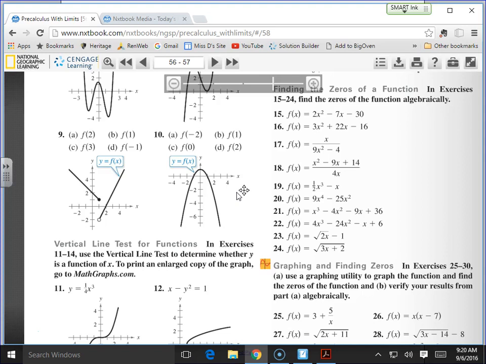Go find 1. Don't go to the hole, that's not really existing. Go to the filled in point, and it looks like 1. Go to 3. You have to approximate. I'm going to say 2 because that slope looks like up 1 over 1. And then negative 1. Looks good to me. Remember that notation.